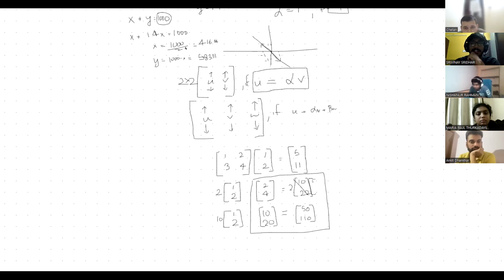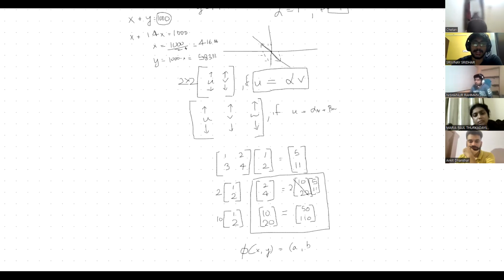Exactly. This is a very wonderful property of matrices, or actually a property of linear combination that makes it a linear combination. The definition requires that when a function is applied to x comma y, it equals a comma b.